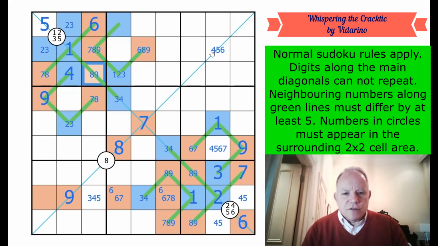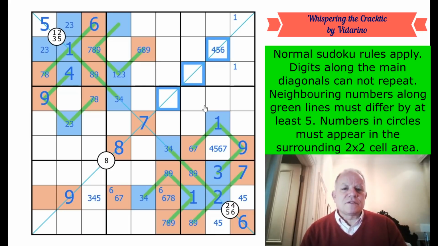1, 2, 3. There's a 1 in one of those cells. Only one more orange cell on the diagonal. That can't be 6 and that can't be 6 because of these placed 6s, which also stop that being 6. So, is that any use? 6 is in one of those 3 places?